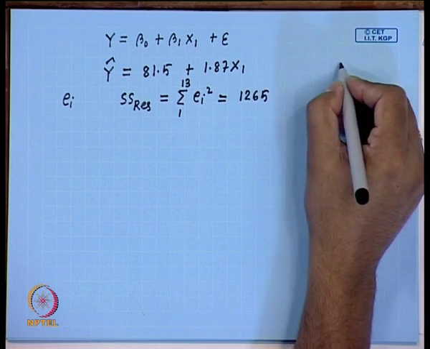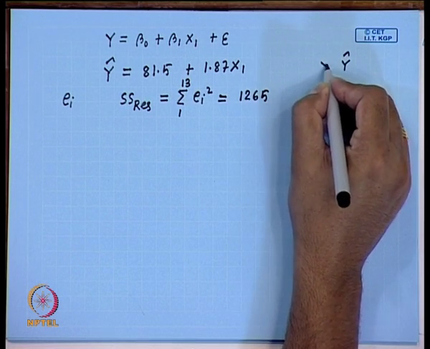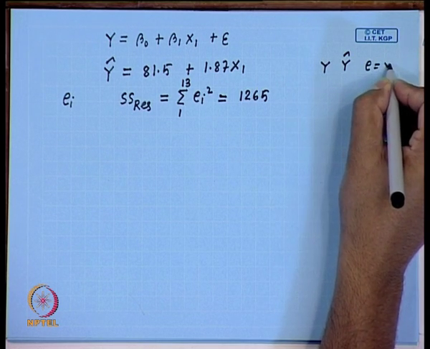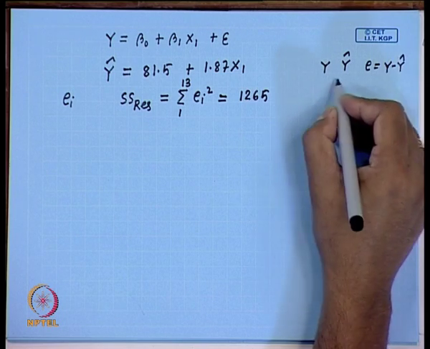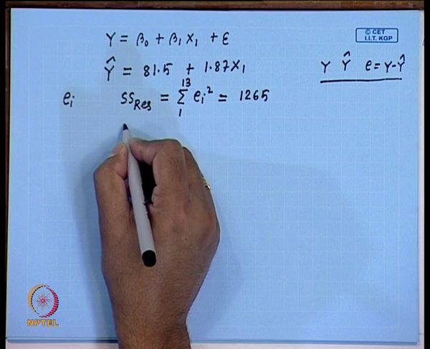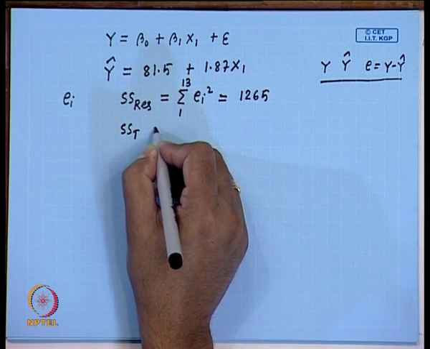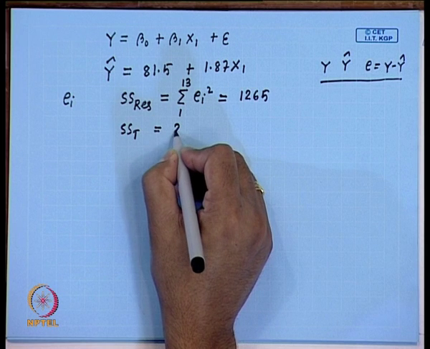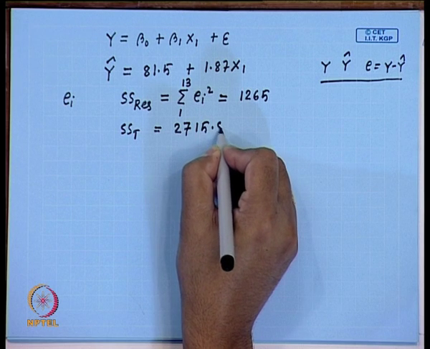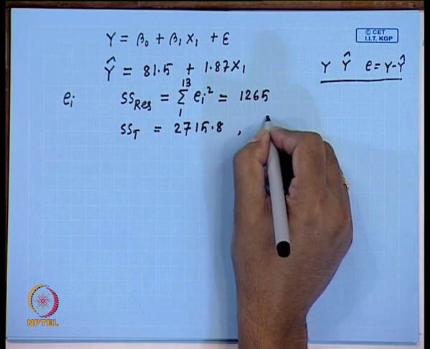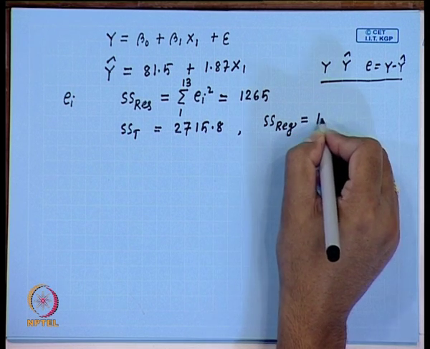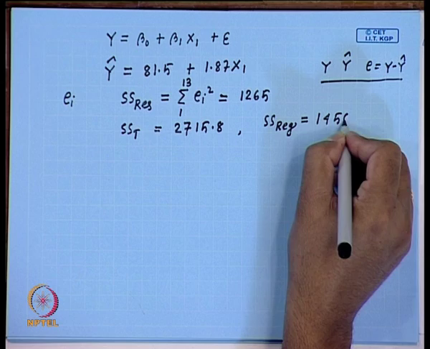So you have the fitted value, you have the original observation, and from there you can get e, which is equal to y minus y hat. We know all these things, and the SS total for this data is 2715.8, and hence the SS regression is equal to 1450.